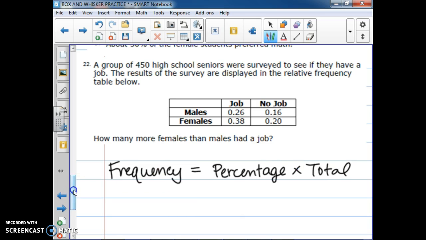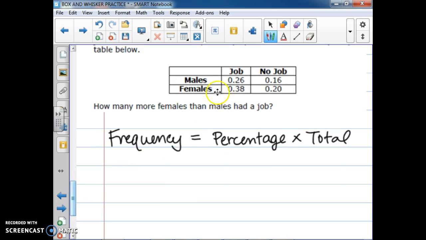All right, so I'm going to make a frequency table now using these percentages, but I'm going to fill it in with the frequencies instead. All right, so males, females, and then along the top I have job and no job.